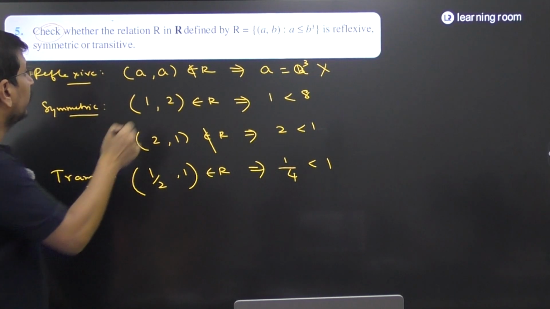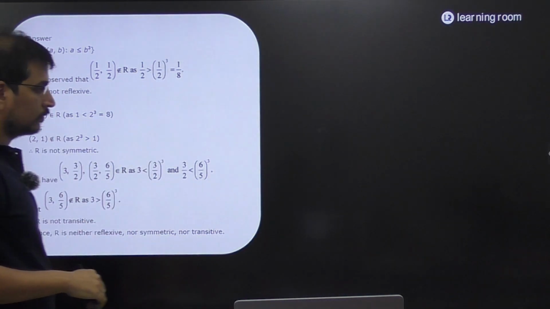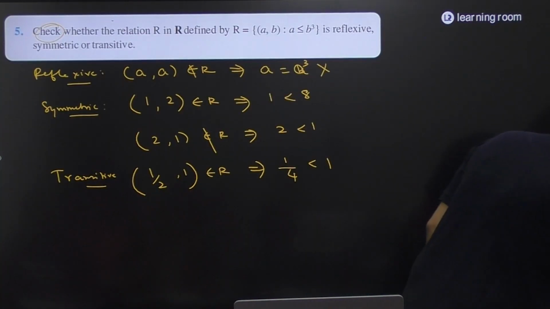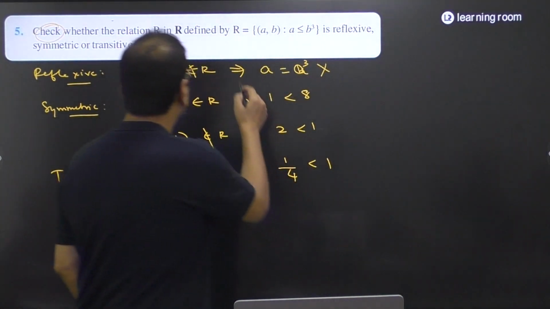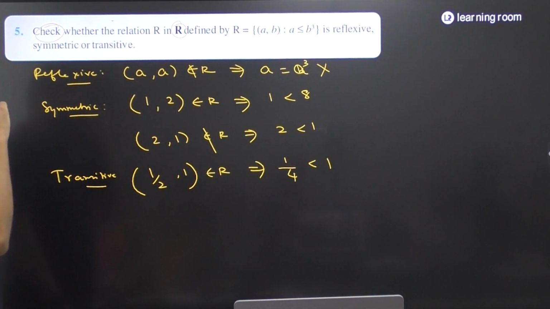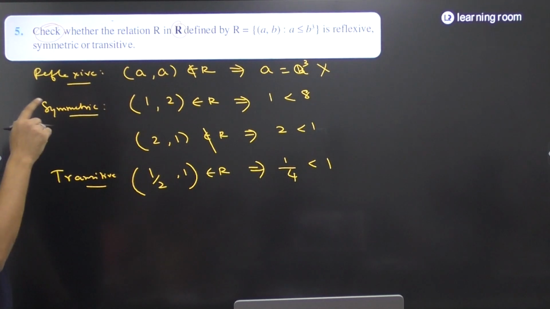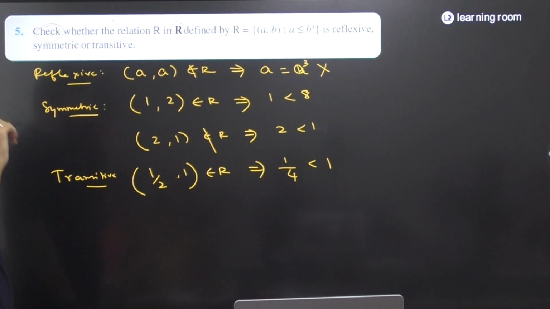It's a real number. If you take half, for instance, half is not less than 1 by 8. It's less than, but here the condition says less than.